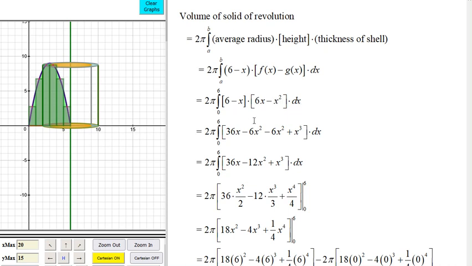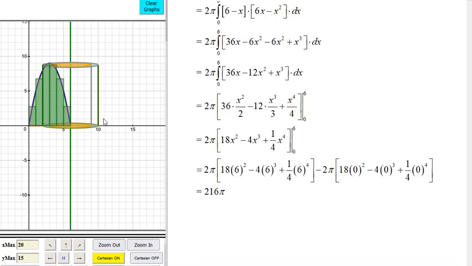Multiply this out, we get 36x minus 6x squared minus 6x squared plus x to the third. Minus 6x squared minus 6x squared is minus 12x squared. The antiderivative for x is x squared divided by 2.